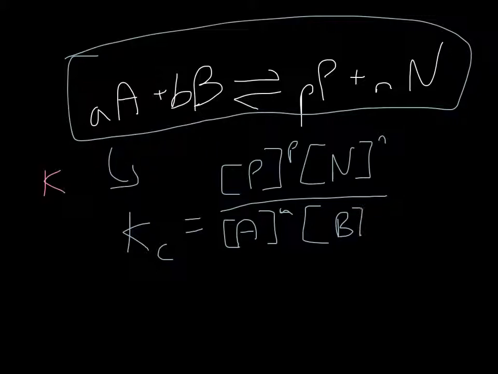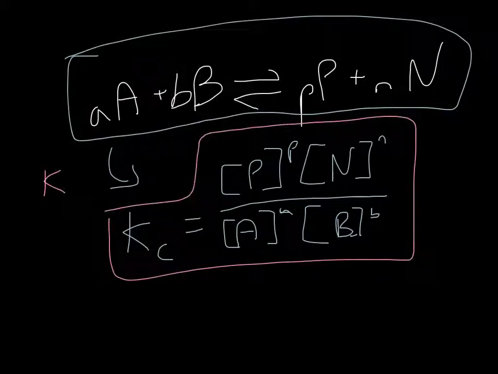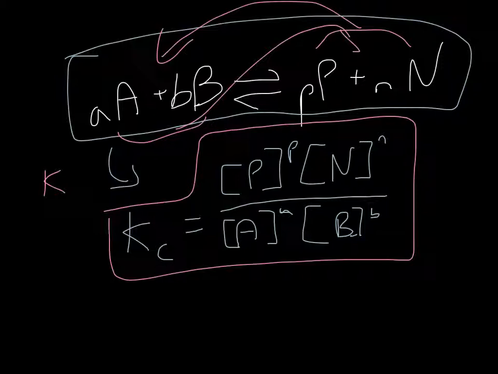At first, this looks kind of scary to learn, but it's not too bad. First off, this is the equilibrium expression for the equation written like this. If it was flipped, with the P's and Q on this side and the A's and B's on that side, then the fraction would be flipped also. The product always goes on the top. Always. And the reactants always go on the bottom.